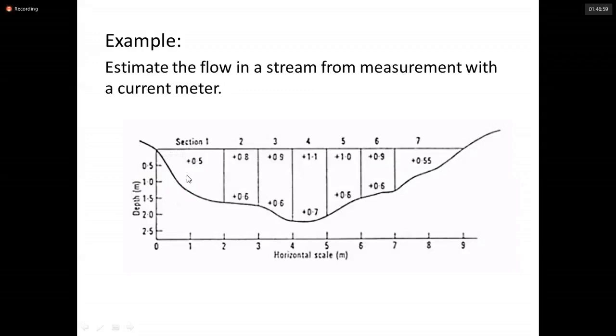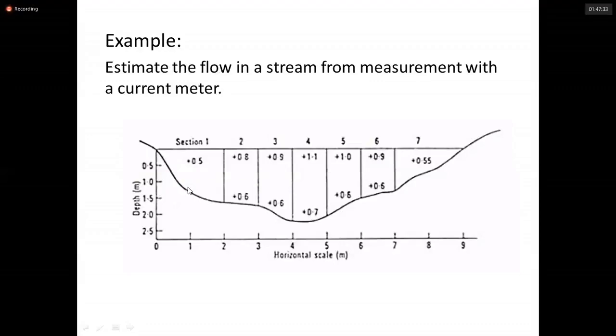depth of the channel. So here, for section 1, you can take the average depth nearly at the center point. So, roughly, wait, I will show you. The depth of section 1 is nearly 1.3 meters.